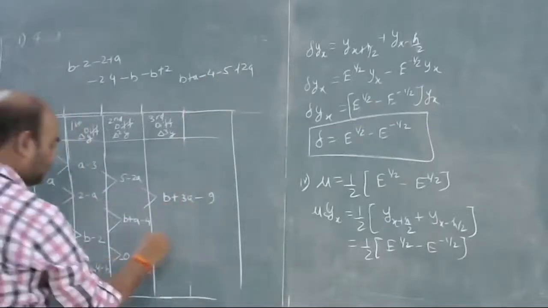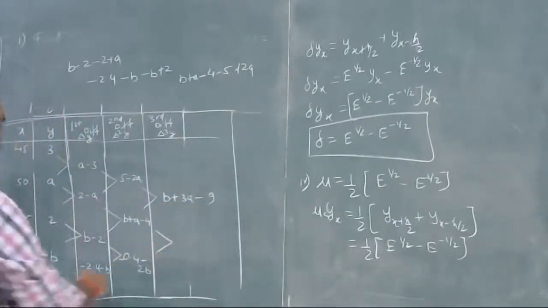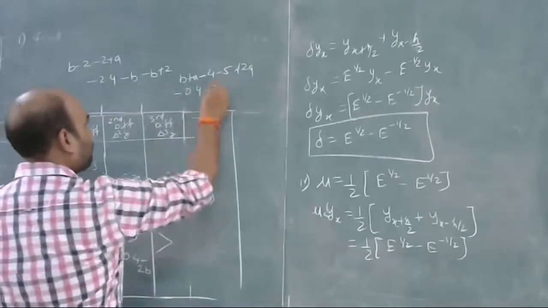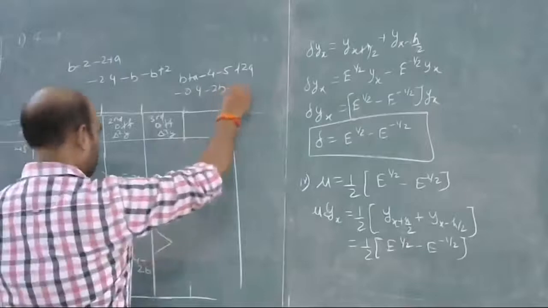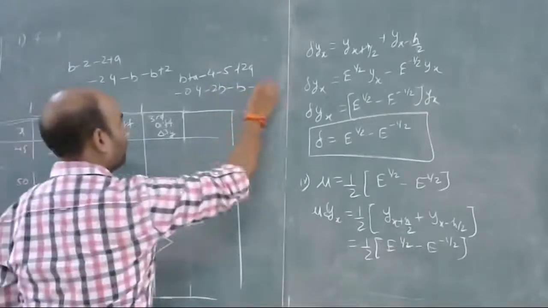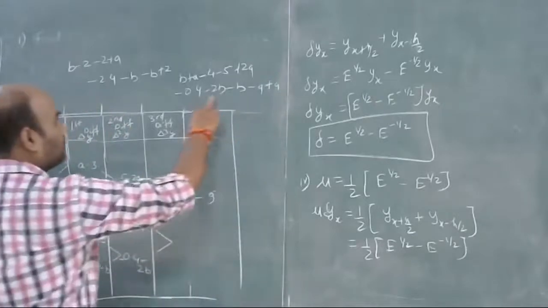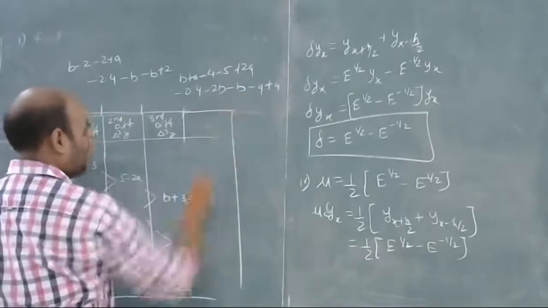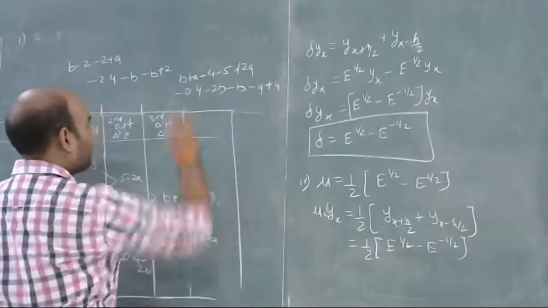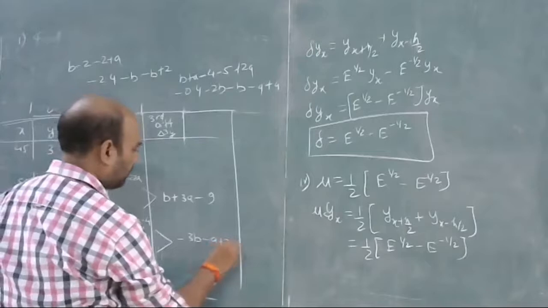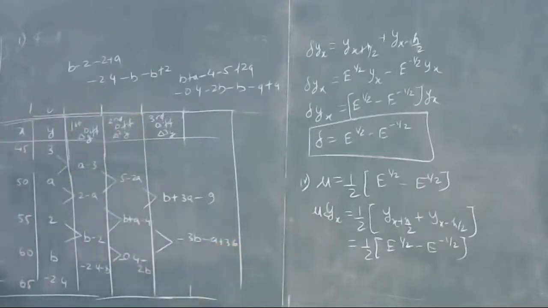Okay, then subtract this 2, it is minus 0.4 minus 2b minus b minus a, and this will become 4. Okay, so this will be minus 3b minus a, and 4 minus 0.4 is plus 3.6.